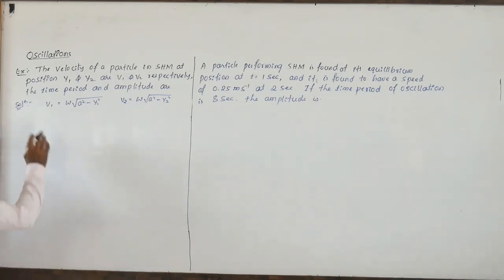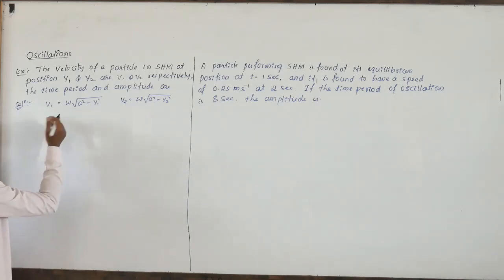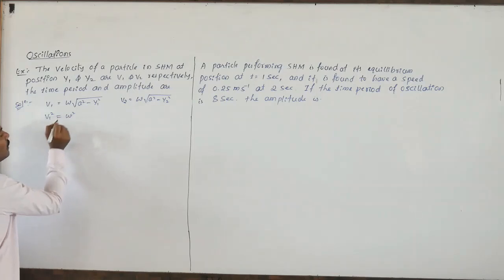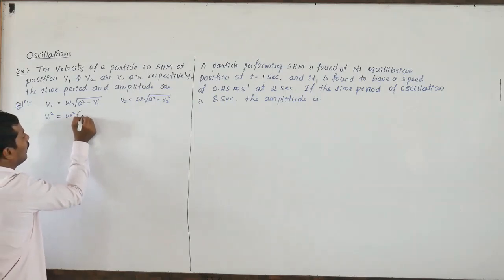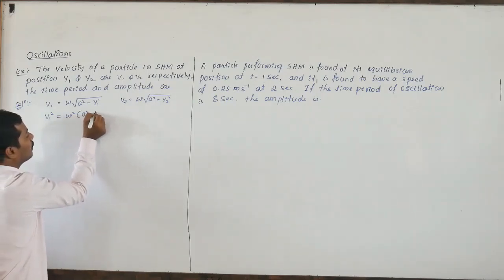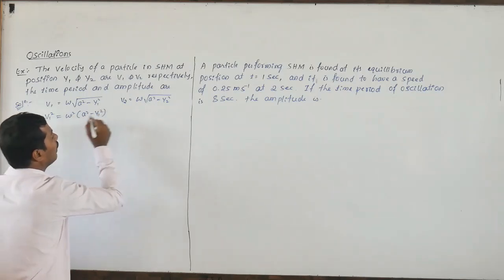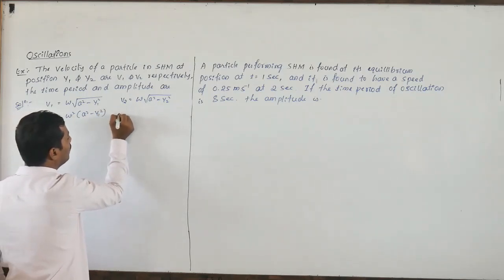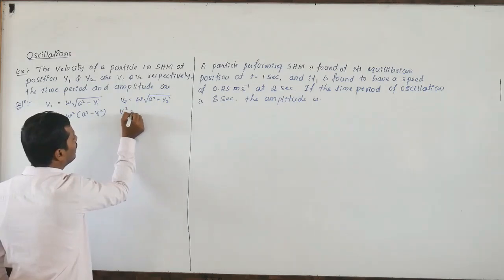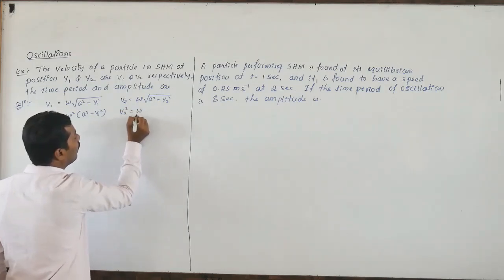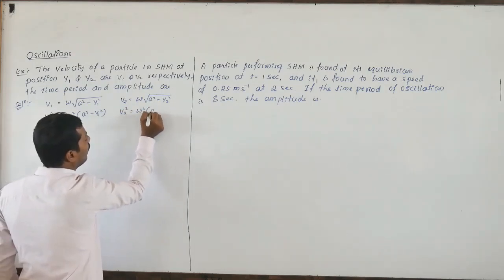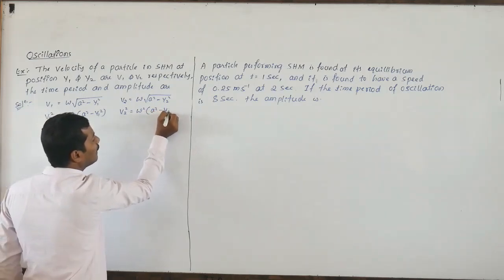Squaring both sides, v1 square is equal to omega square into bracket a square minus y1 square, and v2 square is equal to omega square into bracket a square minus y2 square.